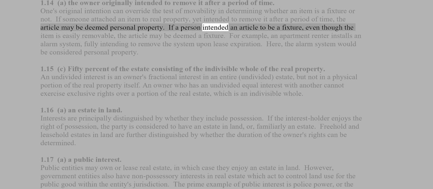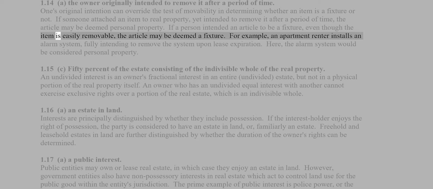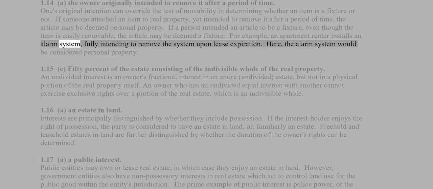If a person intended an article to be a fixture, even though the item is easily removable, the article may be deemed a fixture. For example, an apartment renter installs an alarm system, fully intending to remove the system upon lease expiration. Here, the alarm system would be considered personal property.